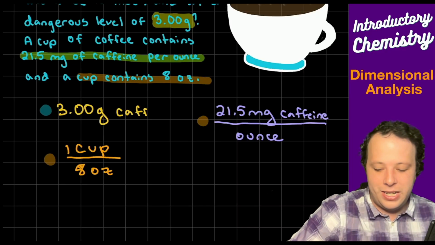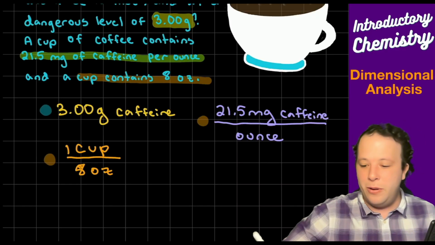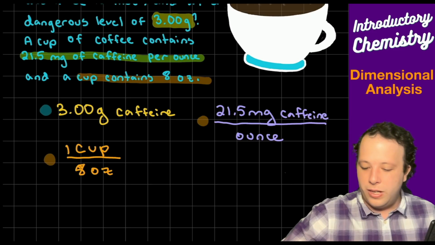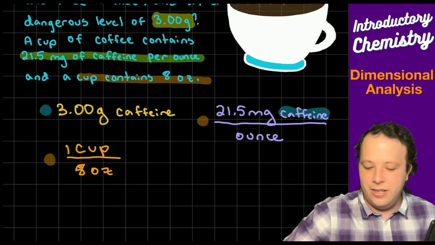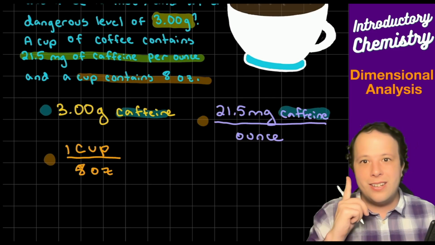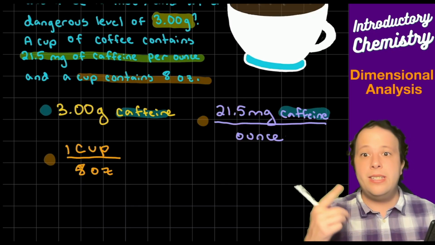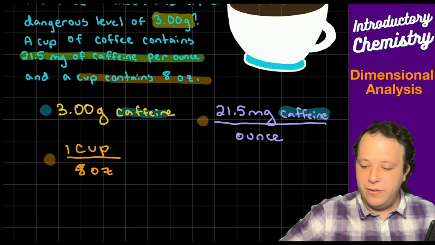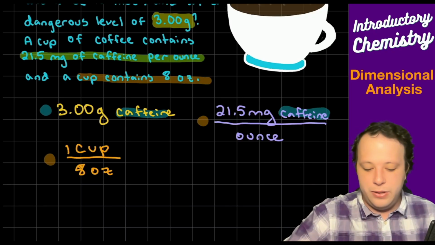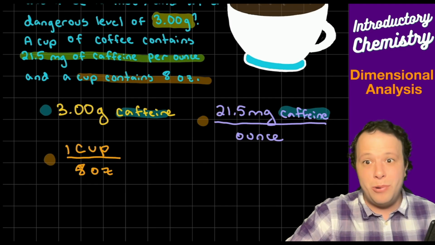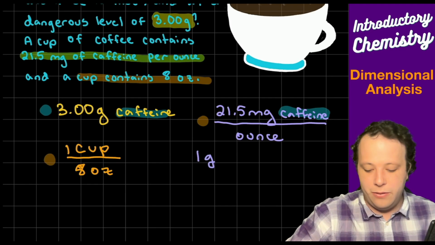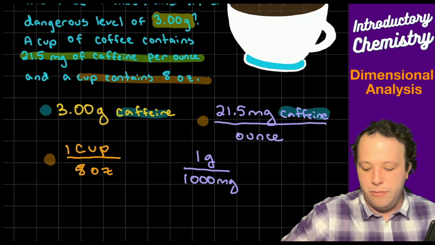How would we bridge that gap? Well, since two of these things are both caffeine, we're going to have to go from caffeine to caffeine. That's our key. So we need to go from grams to milligrams. Why don't we define that for ourselves? You can look it up in our handy dandy prefix tables, but I will write it down: 1 gram is 1,000 milligrams.